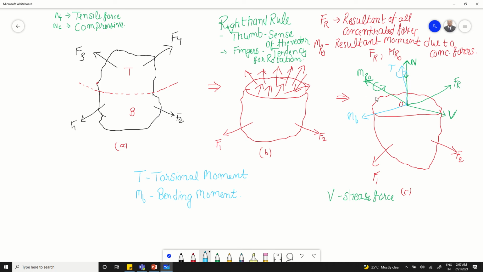That is the reason this is just parallel to the exposed area. So that is what we have covered.